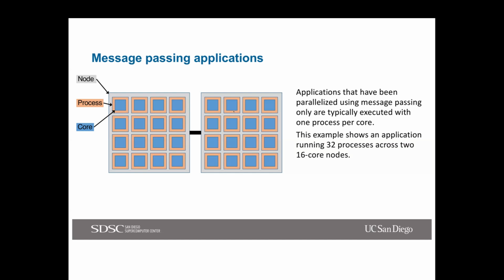The peach orangish box around the core just means that usually you'll want to bind one process per CPU core, if your application was purely MPI based, where you have one process per core, as outlined here.